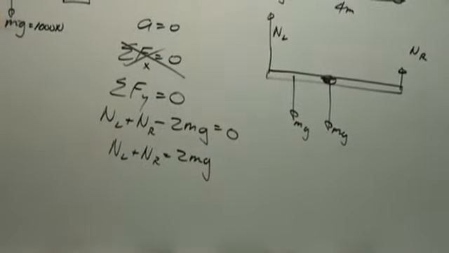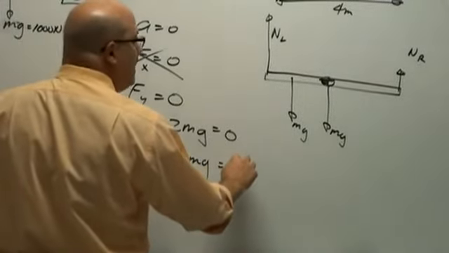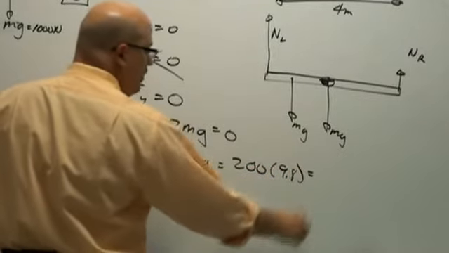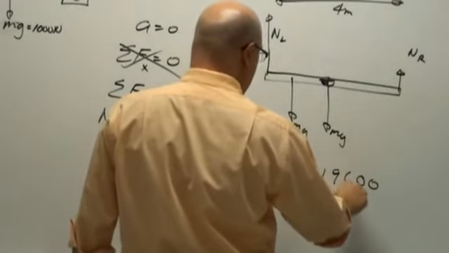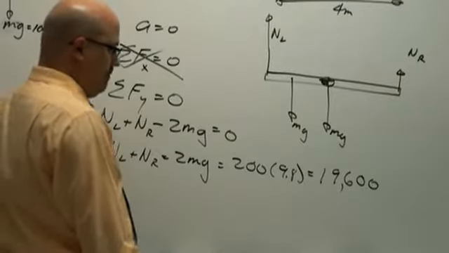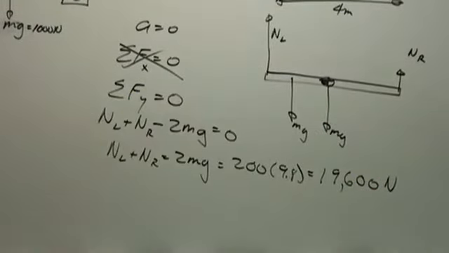Now we know some of these numbers, right? We know m and we know g. So we could put 200 times 9.8, which is going to be what? 1,960, is that right? Yeah, I put an extra one in. Does that look better? There we go.